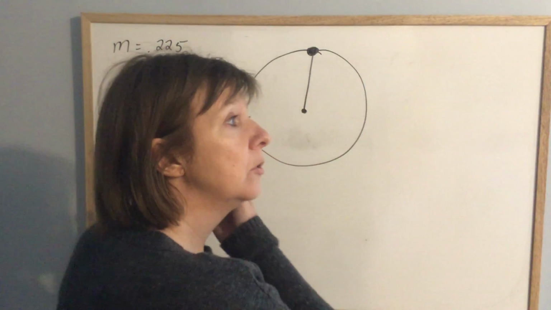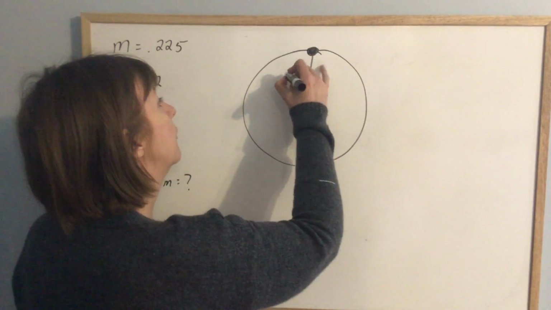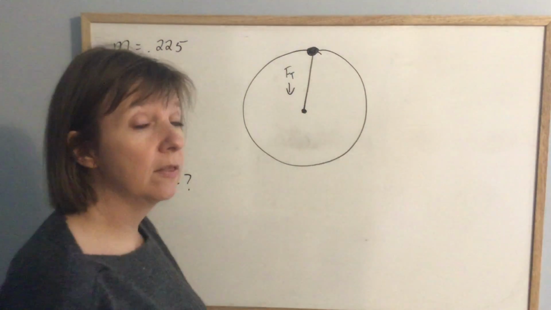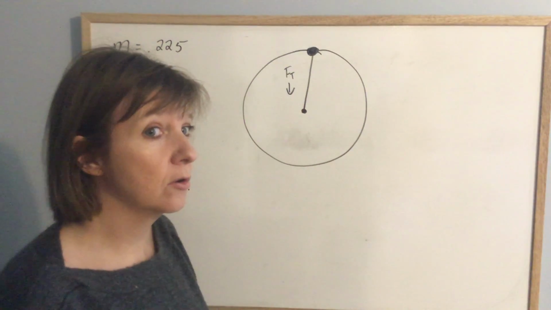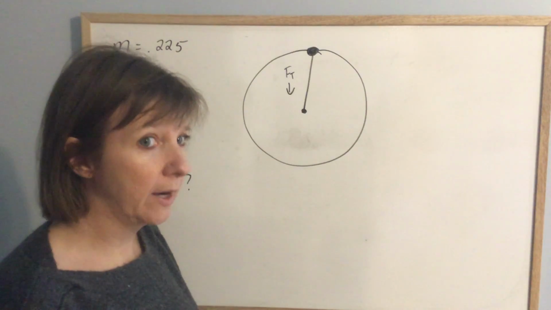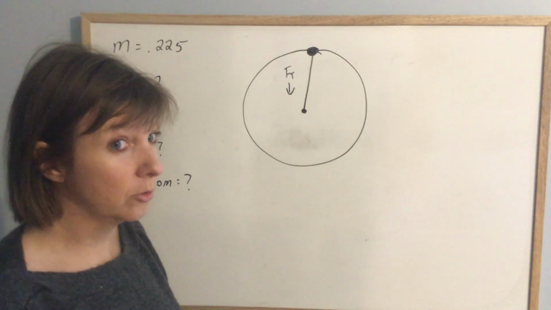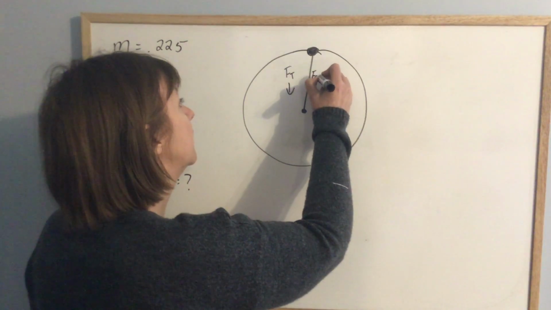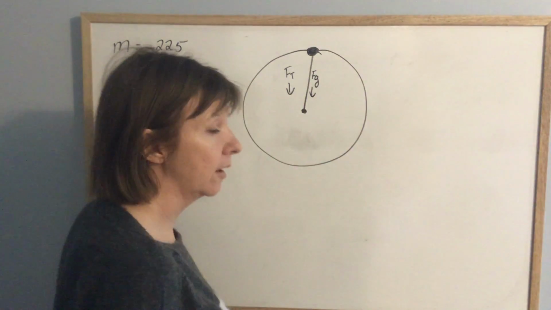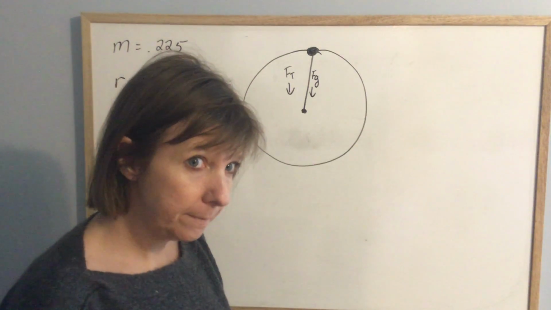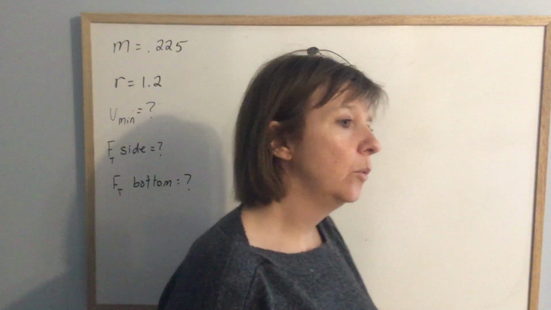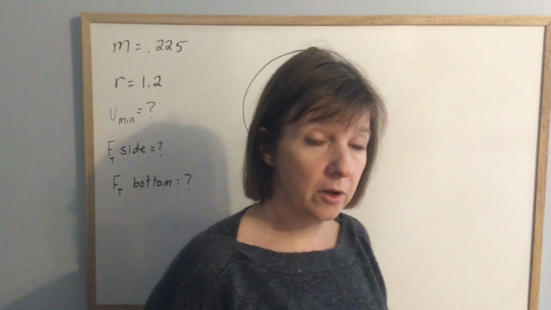So when the yo-yo is at the top, force of tension is actually going this way towards the center of the circle, the same direction as centripetal force. Force of gravity is also working this way, which also contributes.